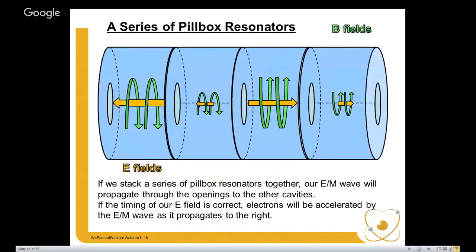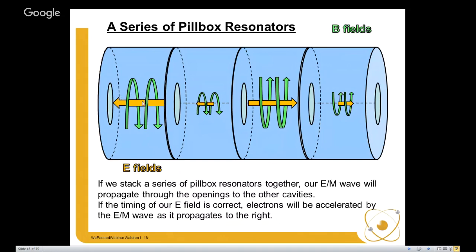So let's take a bunch of these and stack them up. If we stack a series of pillbox resonators together with these holes in them, we can now propagate an electromagnetic wave through here. So here's a snapshot in time of the fields for a wave that is propagating through.